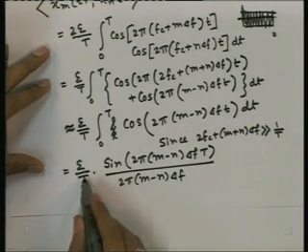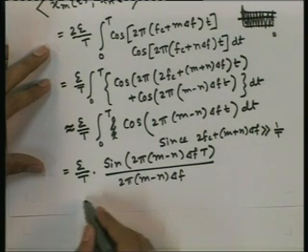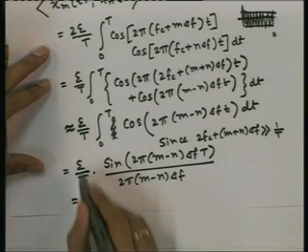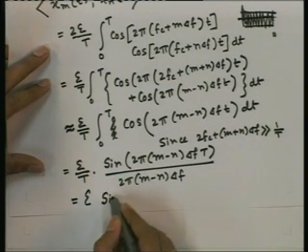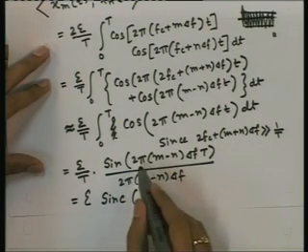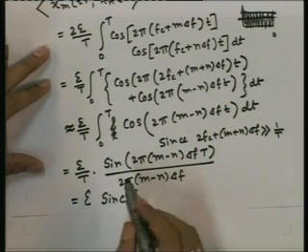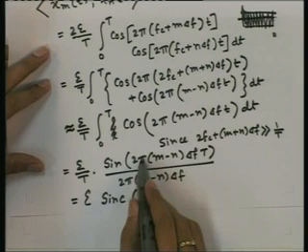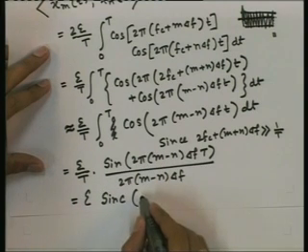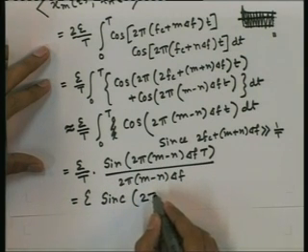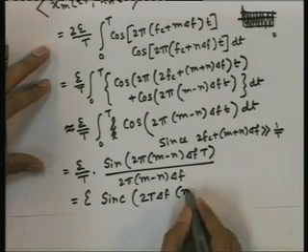Now we can say this is equal to E sinc, where sinc of x is nothing but sin pi x by pi x. So we have to remove pi and write sinc of 2T delta f m minus n.